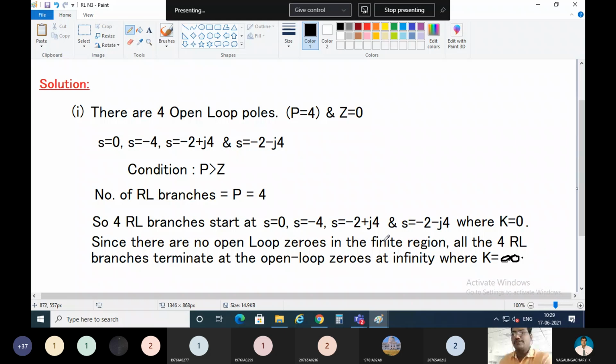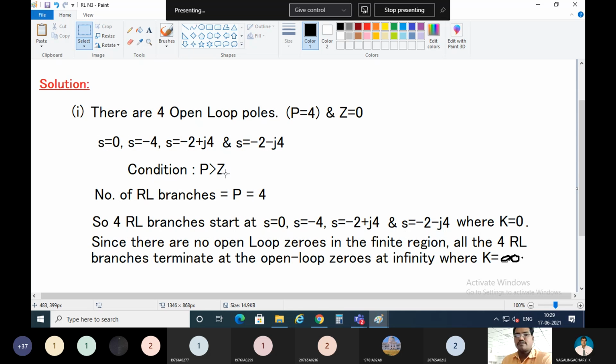Did you understand? The 4 root locus branches start at s equal to 0, s equal to -4, s equal to -2 plus j4, and s equal to -2 minus j4, all are poles, where K equal to 0. There are no open loop zeros in the finite region, so we can consider the open loop zeros are at infinity.